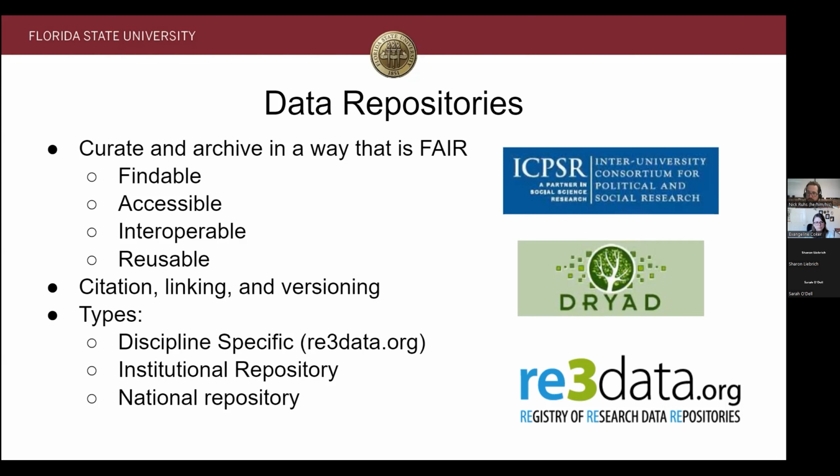A really good place to find a listing of these discipline-specific repositories is a site called re3data.org, which is the Registry of Research Data Repositories. This has at least 100 some repositories, probably more than that. If you are interested in depositing your data and you're looking for a good repository, and there's maybe not one recommended on your grant call, this is a really good resource. Sometimes they'll specify they want it in a certain repository, but a lot of times they won't.